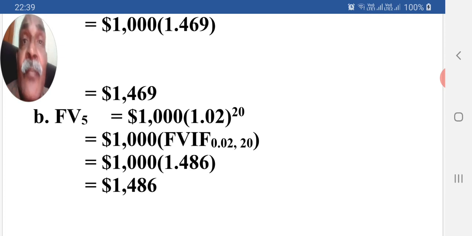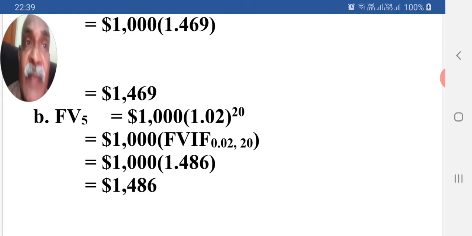We are taking into consideration compounded quarterly. It means after every 3 months you will get 2%, 2%, 2%, 2%, because the annual interest rate is 8% and the bank is paying you after every quarter. Quarter means after every 3 months. Present value is 1000.